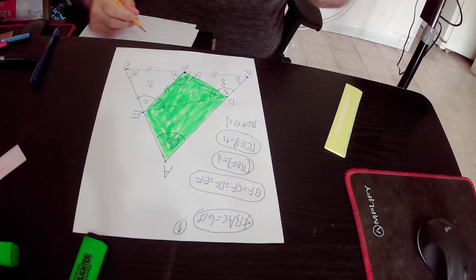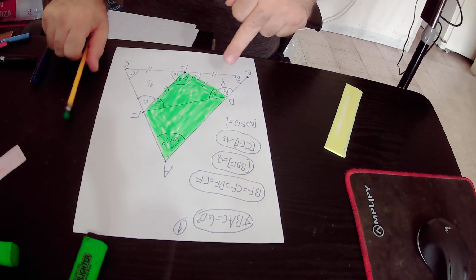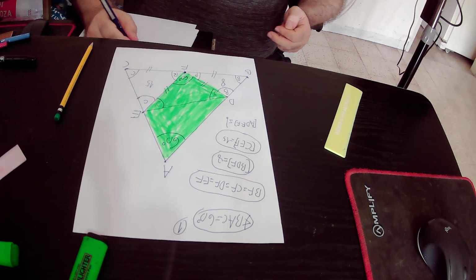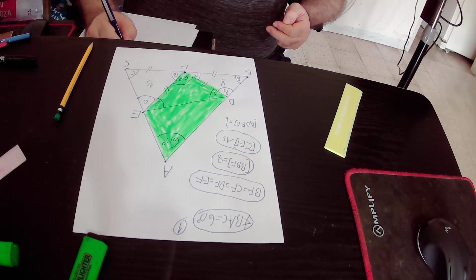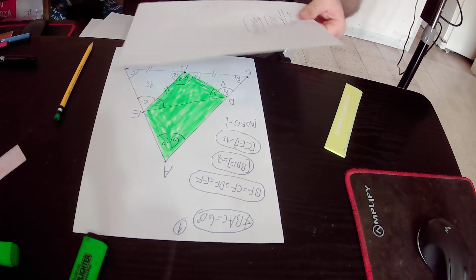And we know that the sum of the angles in any triangle, and especially in triangle DFE, must be equal to 180 degrees. That is to say, 2Y plus 60 degrees must be equal to 180 degrees. Again, in triangle DFE, the sum of the angles must be equal to 180 degrees.